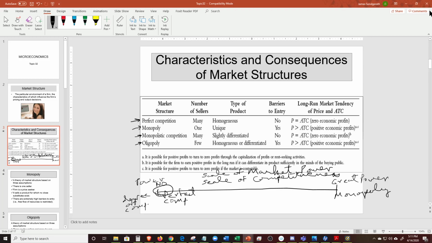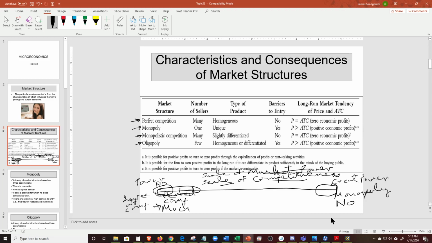And as far as competition goes, much competition for perfect competition, no competition for monopoly, okay? And so basically perfect competition would be the firms down at this end, and monopolies would be the firms down at this end of this scale, however you want to look at it as far as market power or competitiveness.